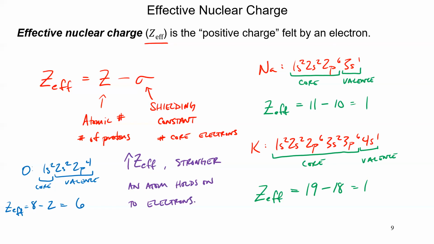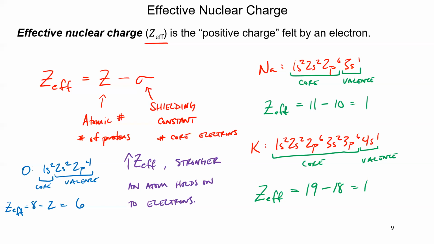And this plays out in several physical properties. So again, the higher the Z effective, the more strongly held those electrons are by an atom. And that makes sense, right? If we think about charges as magnets, and they're not exactly, but it works for a lot of examples.